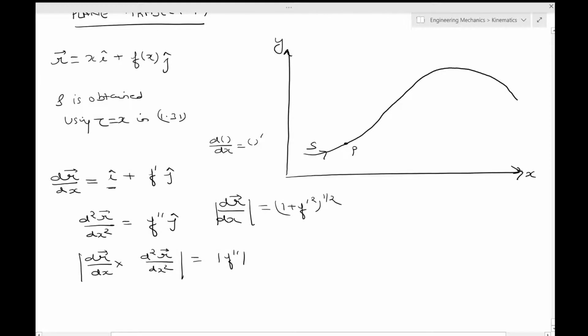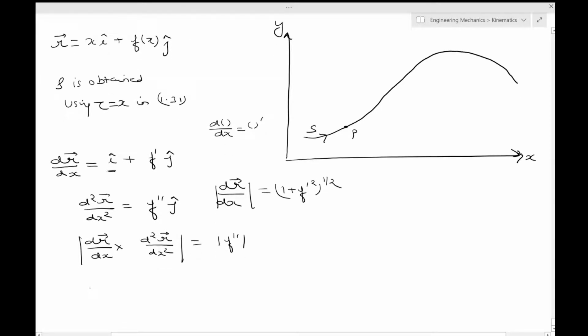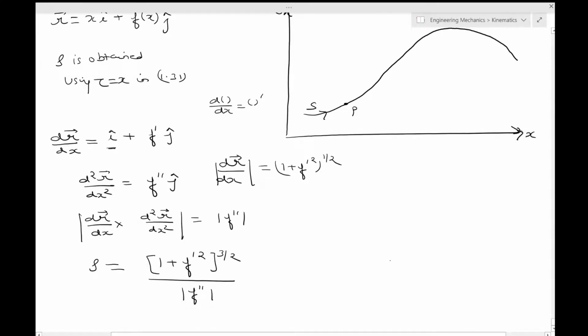Now if you use 1.31, one will get rho as 1 plus f dash square to the power 3 by 2 divided by f double dash magnitude. So this is 1.36.